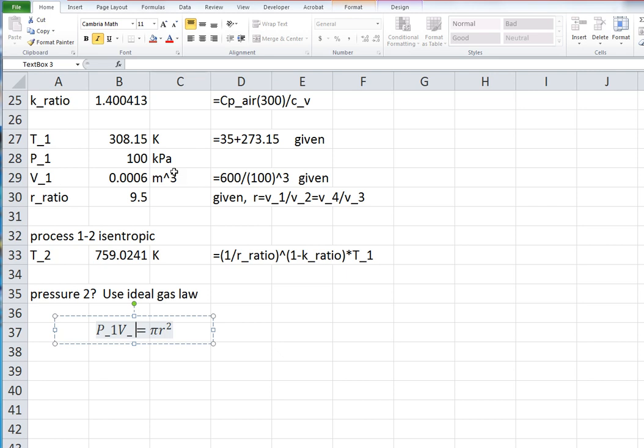P1 V1 over T1 is equal to the same thing at state 2. We need to break that up, don't we? That's not equal to pi r squared in spite of what the equation says.